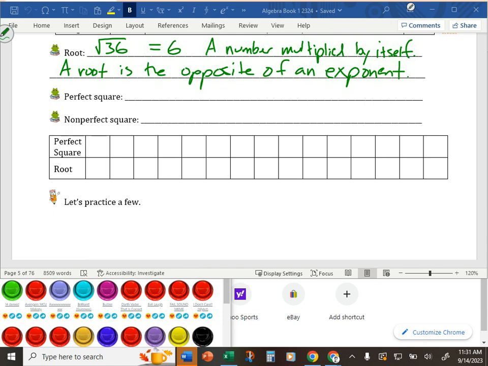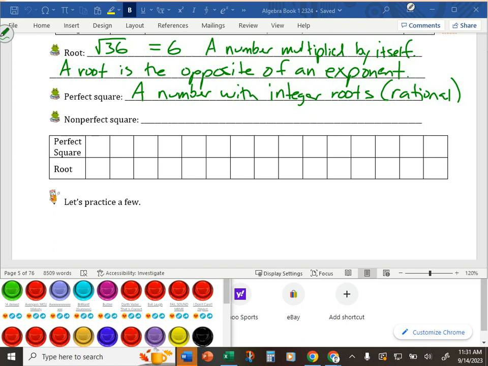A perfect square is a number with integer roots. And those roots, because they are integers, are also rational. We talked about how every integer is also a rational number.